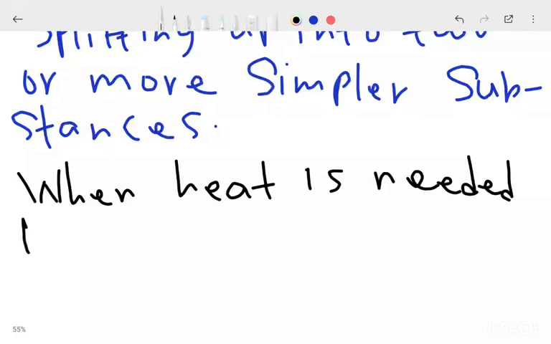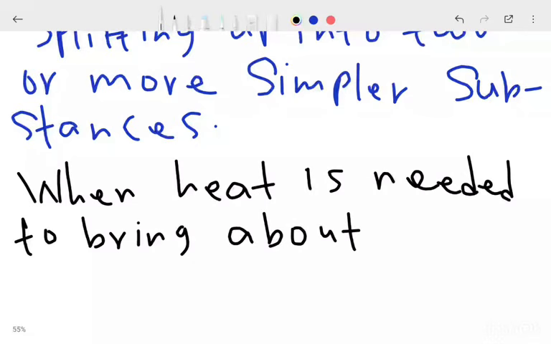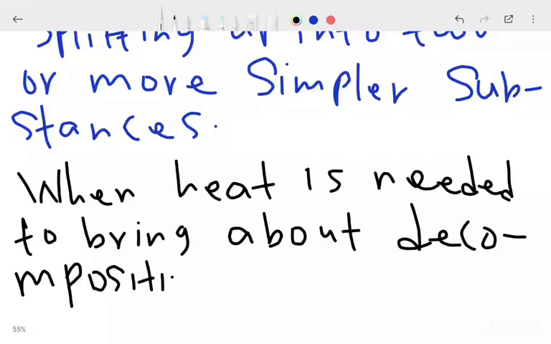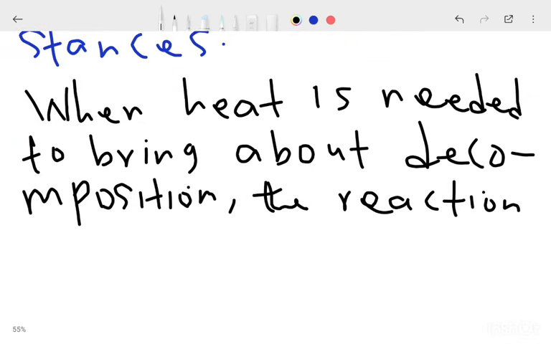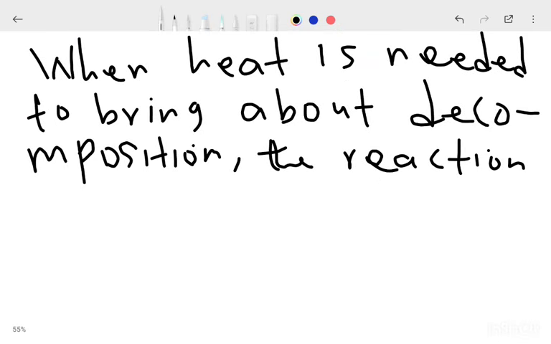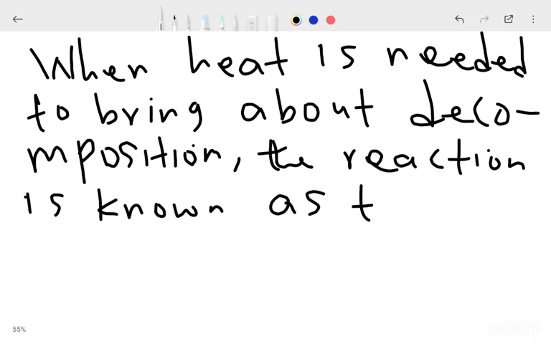When heat is needed to bring about the decomposition, the reaction is known as thermal decomposition.